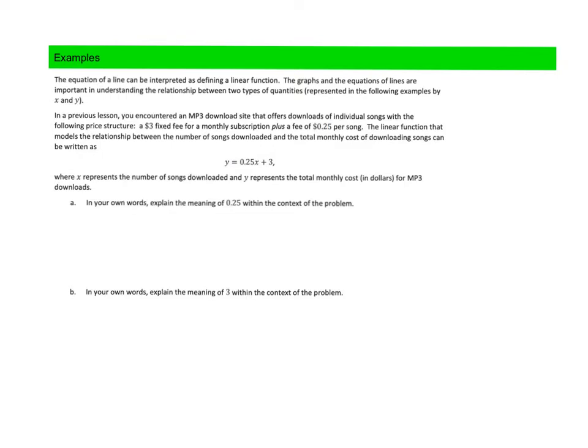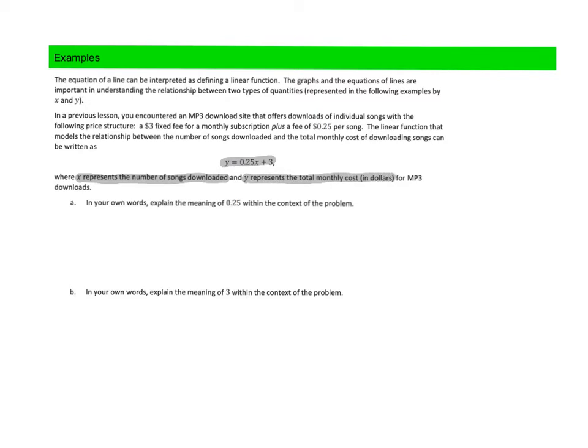The linear function that models this relationship between the number of songs you download and the total monthly cost is written as y equals 0.25x plus 3. X represents the number of songs downloaded, and y represents the total monthly cost for those downloads.